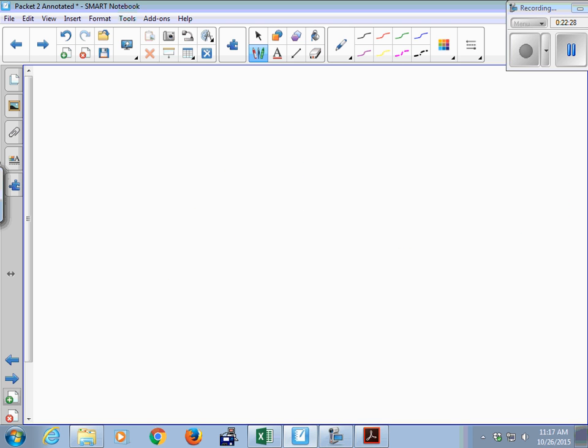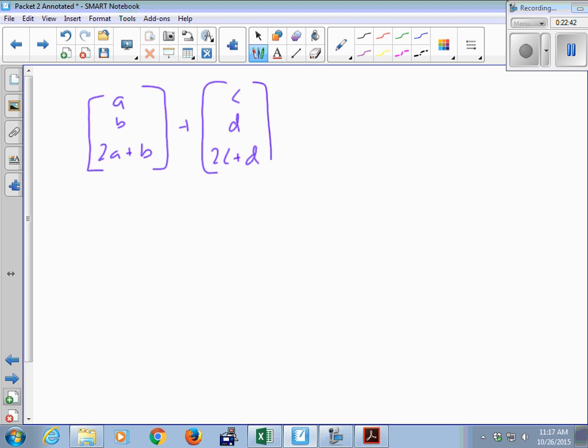I should pick more generic vectors and add them. I could pick A, B, 2A plus B, and add C, D, 2C plus D, right? These are more generic versions of what things in this set look like.